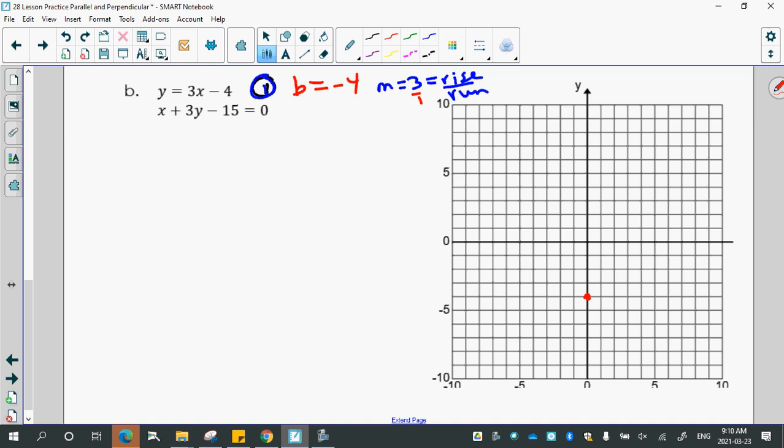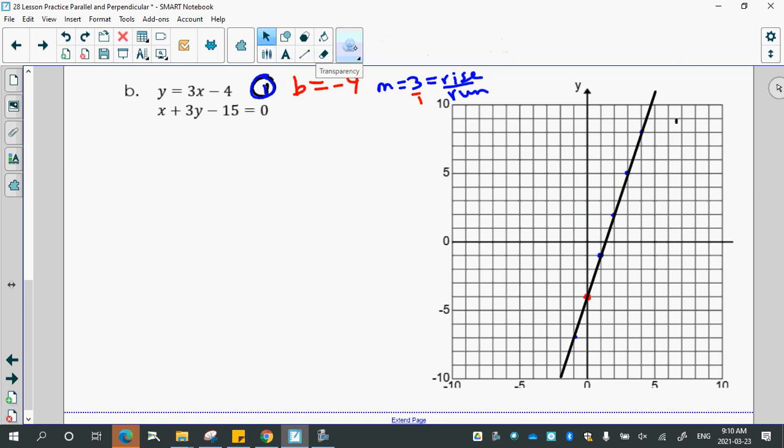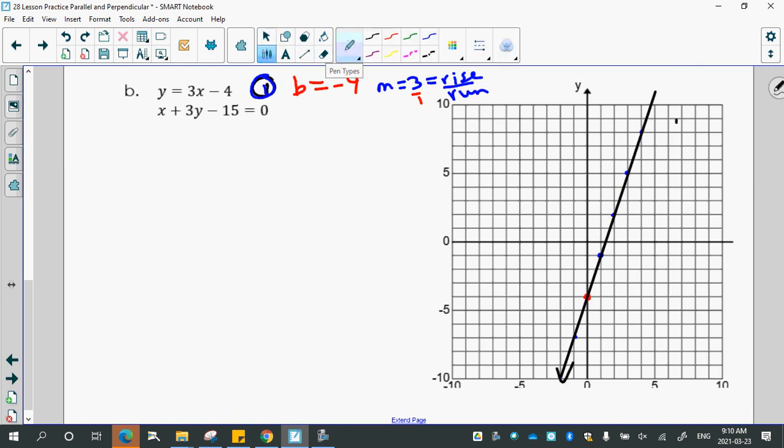So from my initial value, I'm going to rise up 3, run over 1, positive slope, drawing my line, arrows on the ends, and this is my line 1.